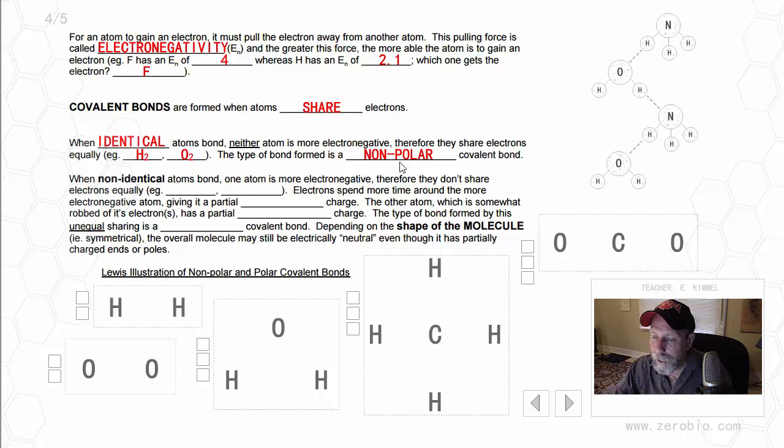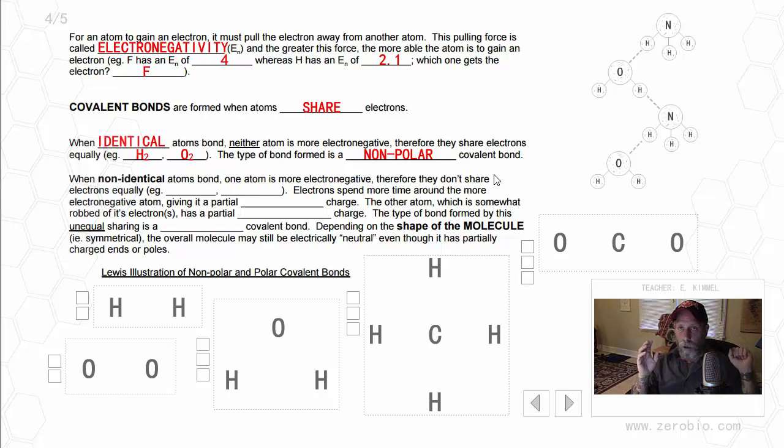The type of bond that gets formed is called a non-polar covalent bond. Now, this is going to be a new concept. All right. Non-polar. There is no pole like North Pole, South Pole, or you know the poles on a magnet? The North Pole and South Pole. There is no difference in charge between the sides of the molecule.